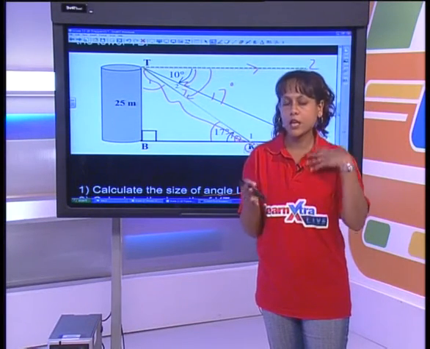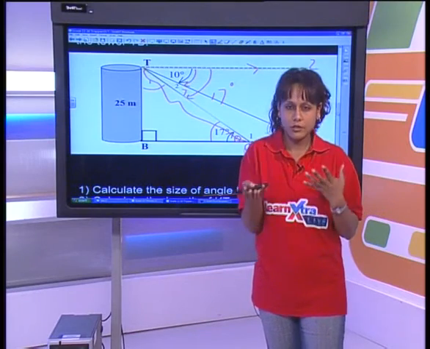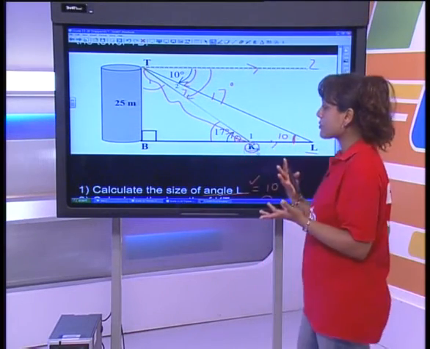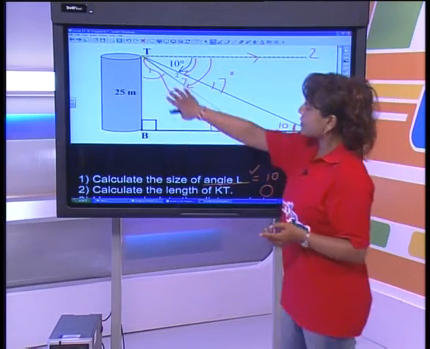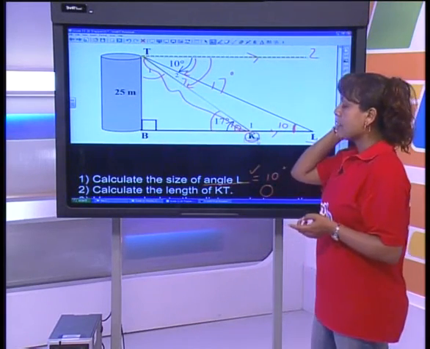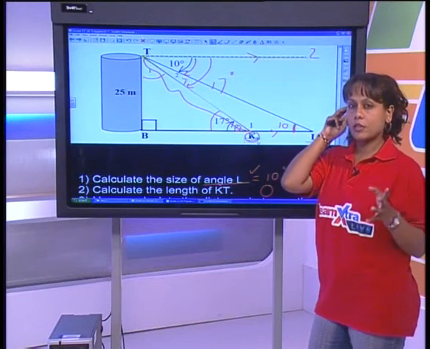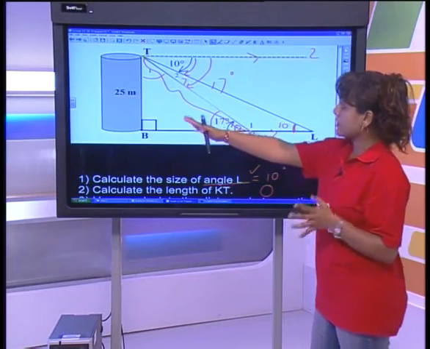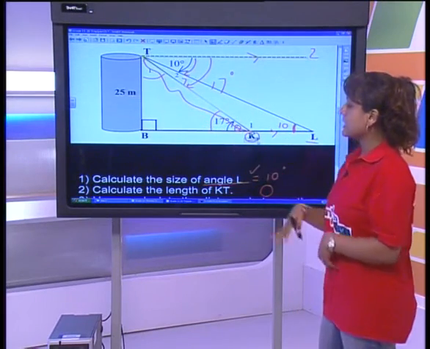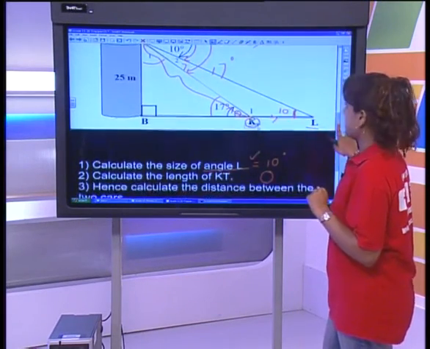Sine is opposite over hypotenuse, cos is adjacent over hypotenuse, any of those ones. Or you could possibly use the sine rule, because we could work out angle T1. But sticking with the information they've given us, which is the 25 and the 17, it's safer to use SOHCAHTOA.